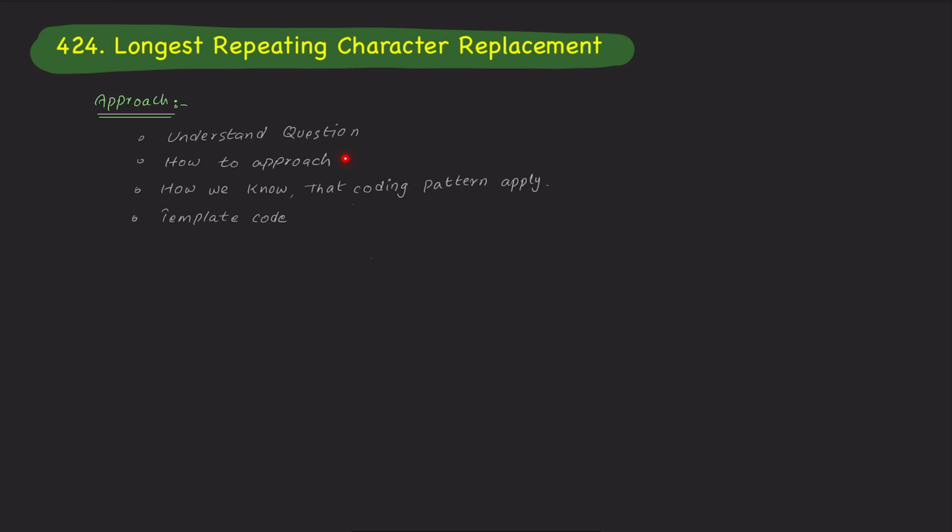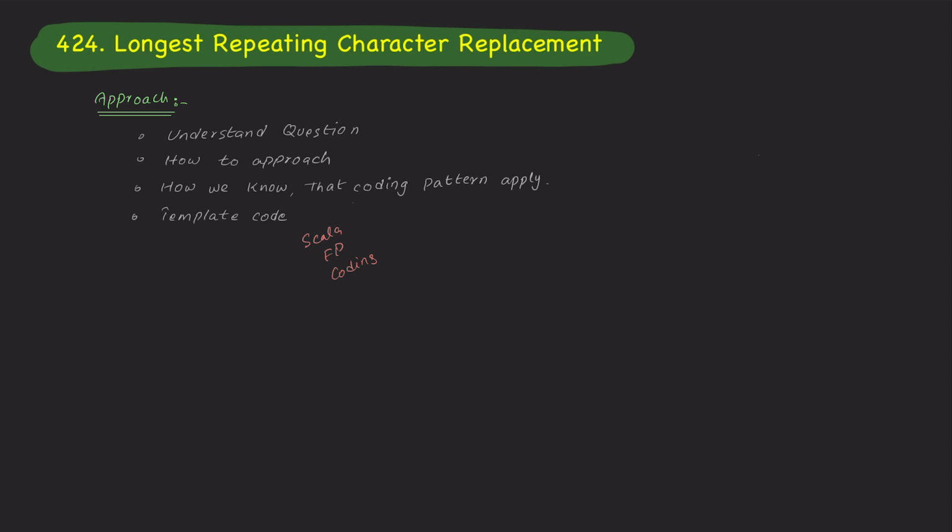And then how we have to approach it. Then we will talk about how we come to know that this coding pattern will apply to this question. Finally, we will go with some code. I will use Scala and functional programming, but you can use any programming language to apply the coding pattern.